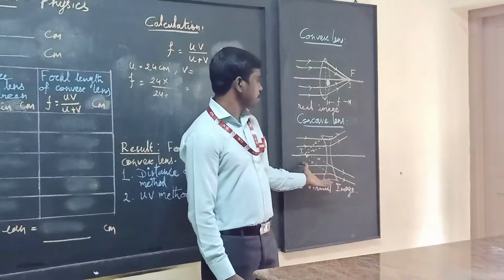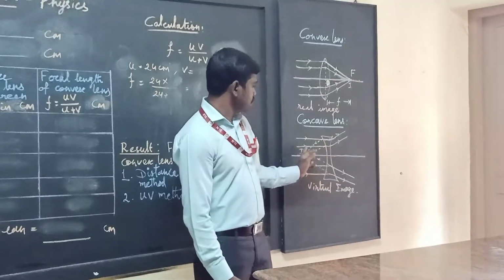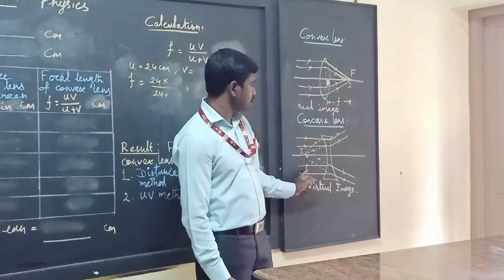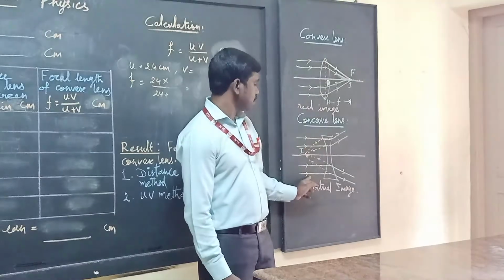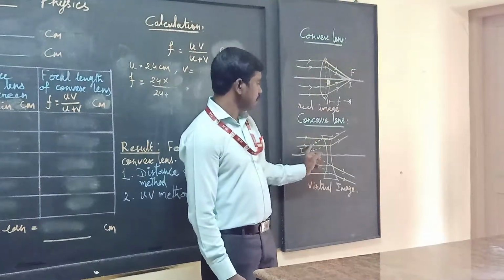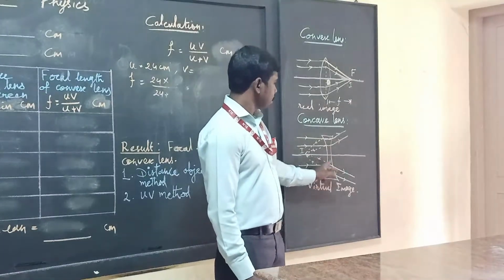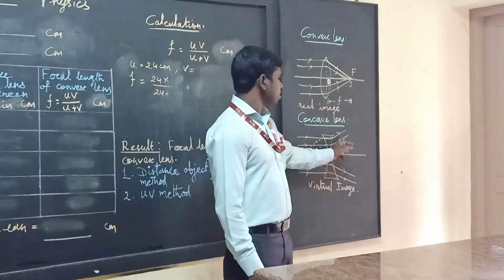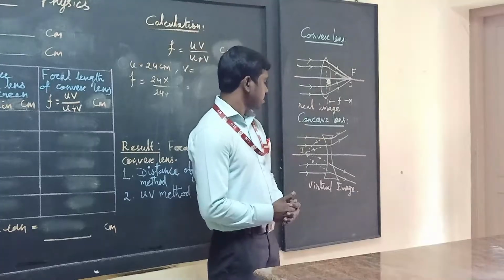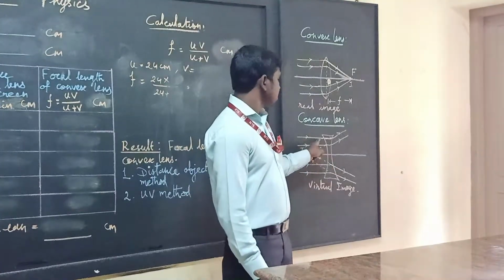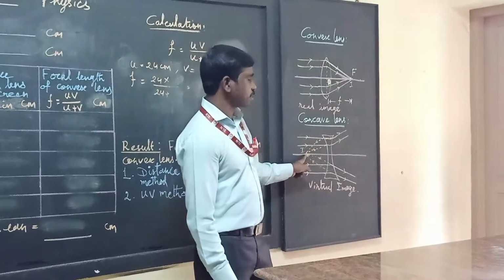Now the concave lens. In this concave lens, the same yellow lines represent light rays. All the light rays are incident on the surface of the concave lens. After incidence, the light rays diverge in different directions. These dotted lines represent imaginary lines.